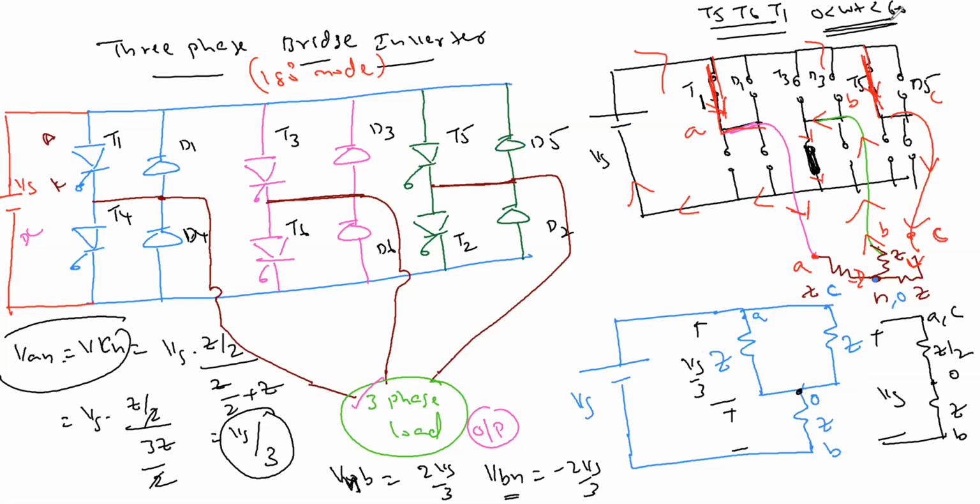Who is the next group of SCRs conducting? 60 to 120 में कौन conduction में है? Who are all the SCRs that conduct in 60 to 120? 3, 6, 1 and T2, sir.